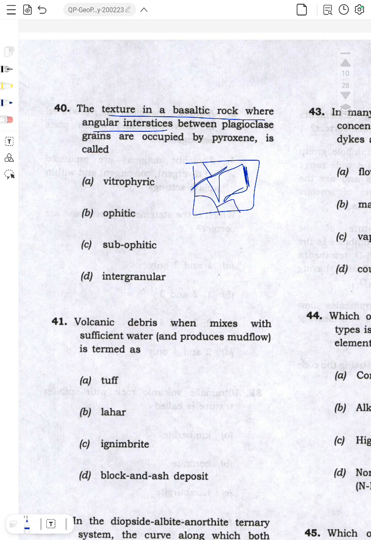There is a texture in basaltic rock in which angular interstices between plagioclase are occupied by pyroxene. So these all are plagioclase, and these interstices are occupied by pyroxene.